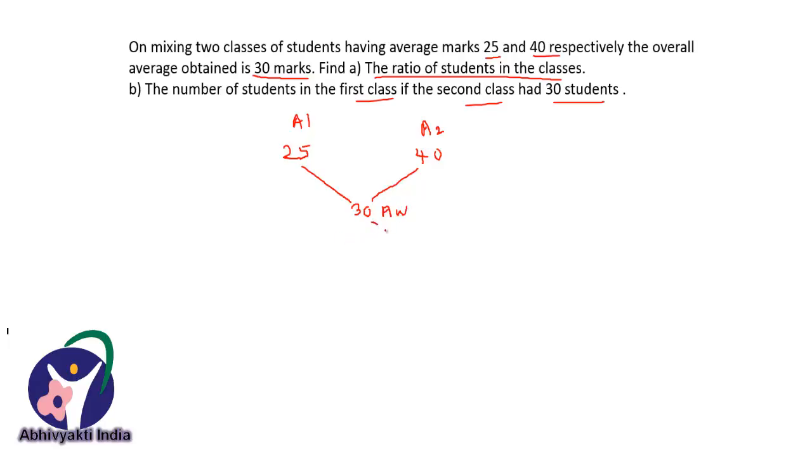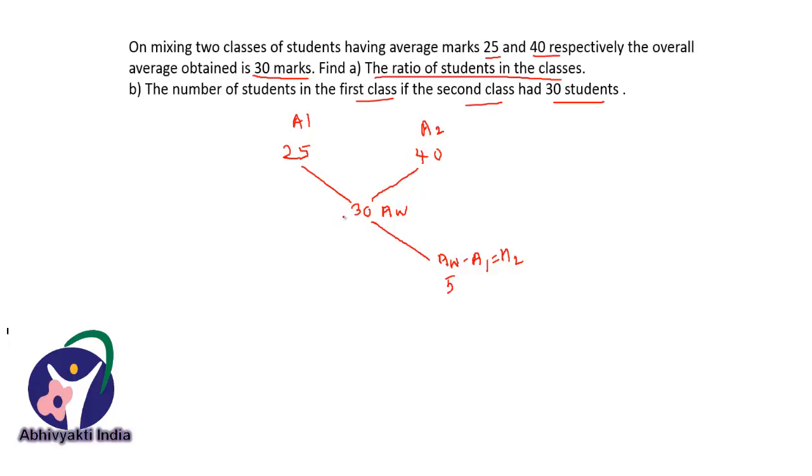Then what we do, we take the difference between this A1 and AW, that is AW minus A1, and this difference is denoted by N2. So AW minus A1 will be 30 minus 25, that is 5.